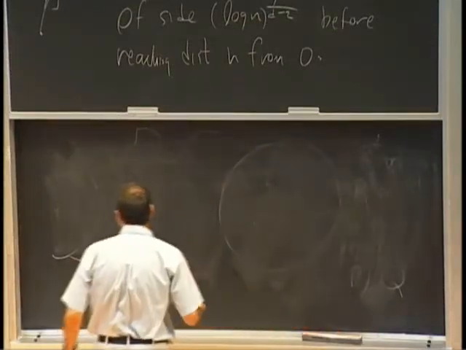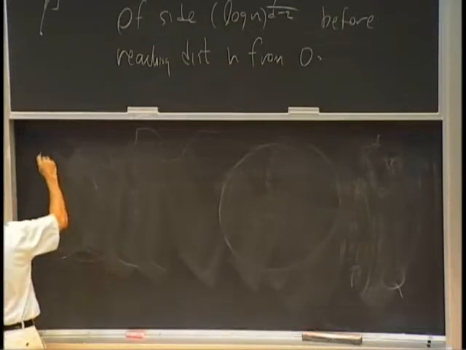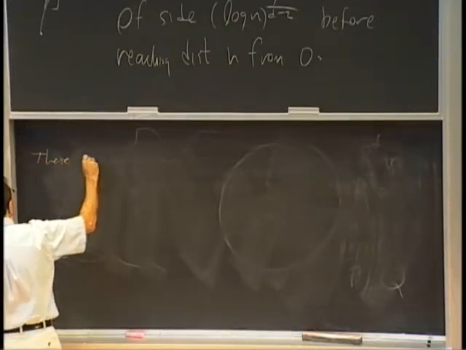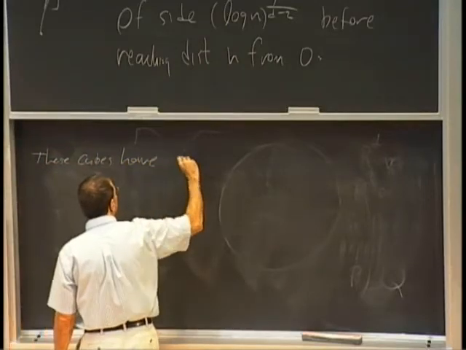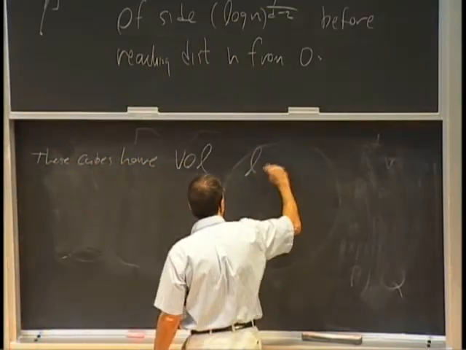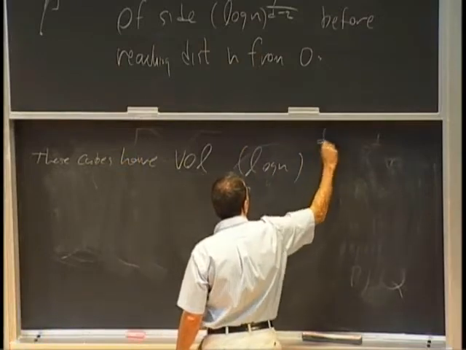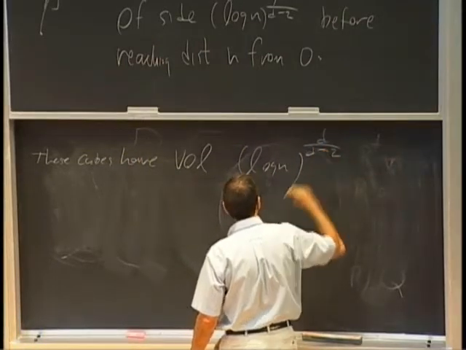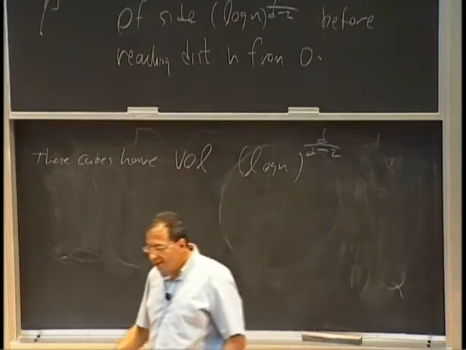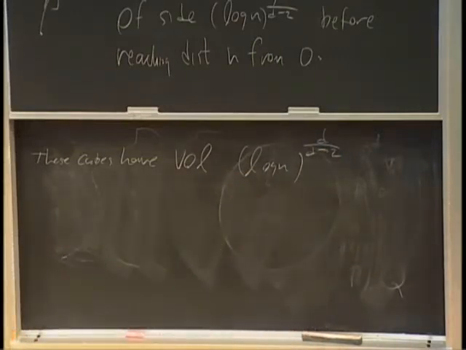And so these cubes have volume (log n)^(d/(d-2)), much larger than log n. And the walker will perturb the distribution in these boxes very much, because these boxes are half filled by the walk.